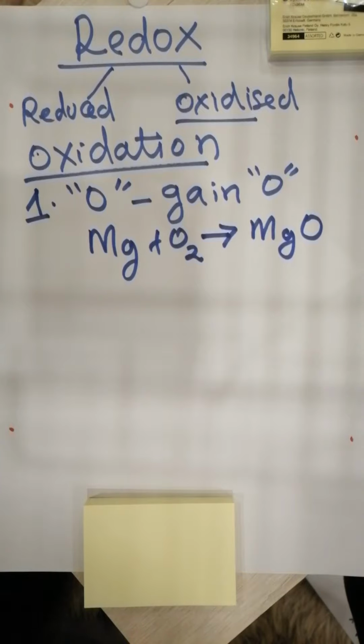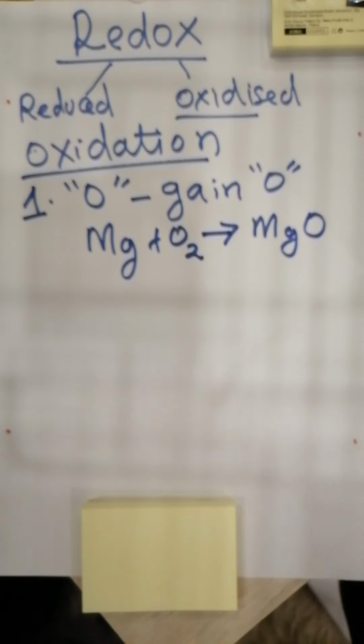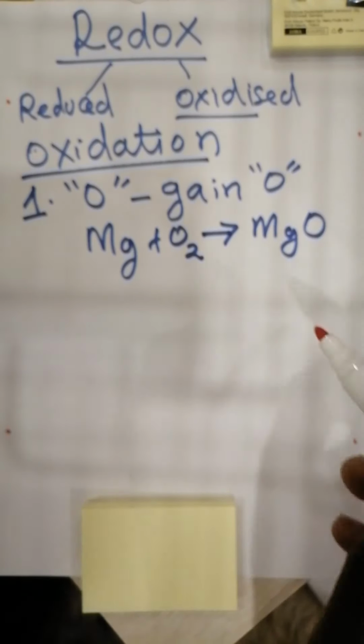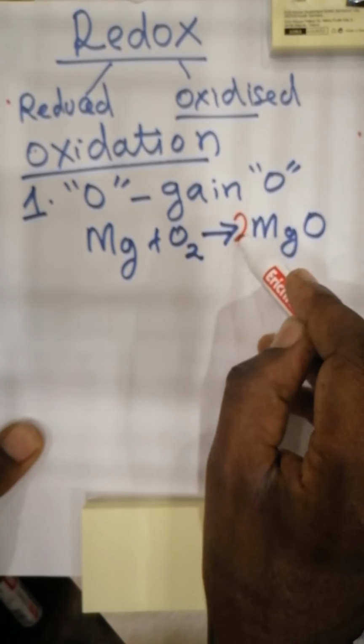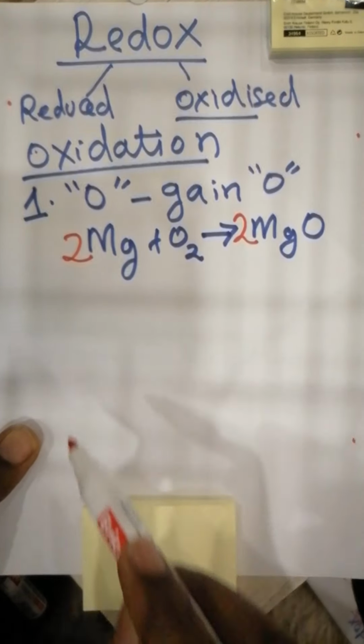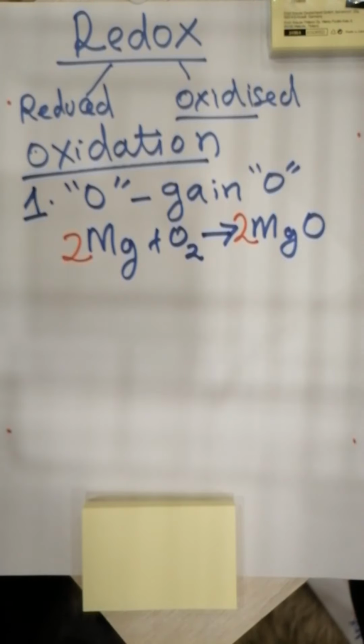And from your chemistry, I know you can balance this easily by saying we take 2 here and 2 there so that our equation is balanced. So in this reaction, we say that magnesium has been oxidized because it has gained oxygen.